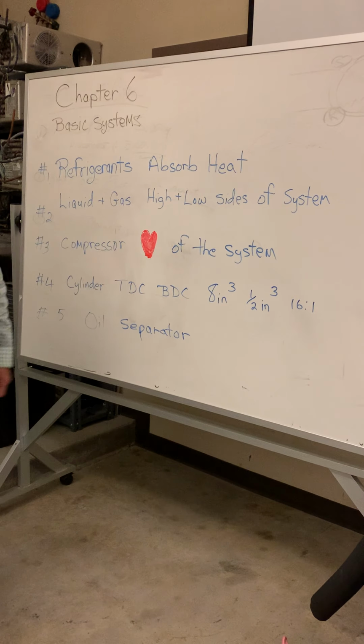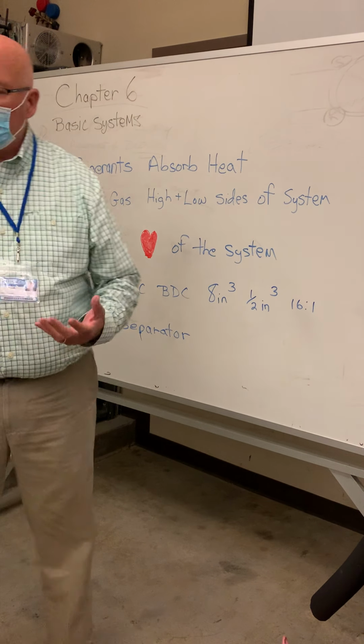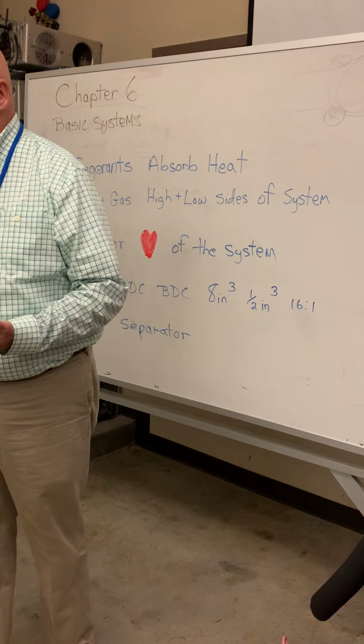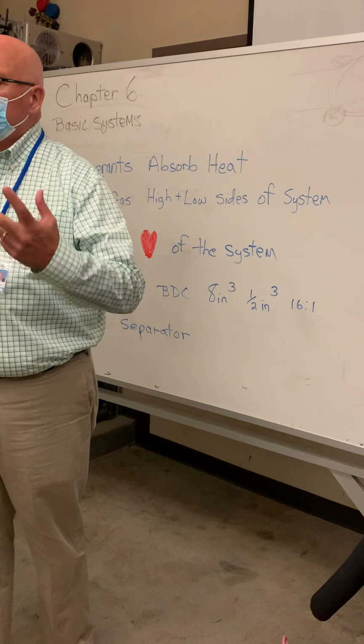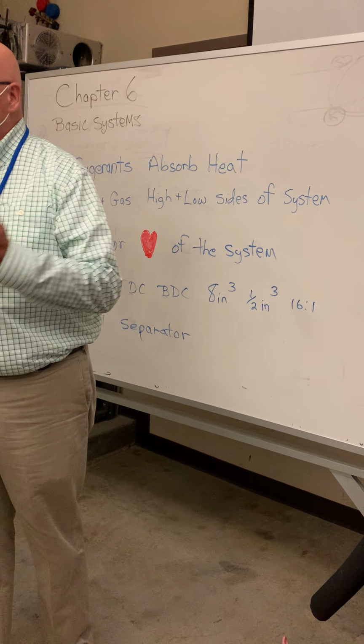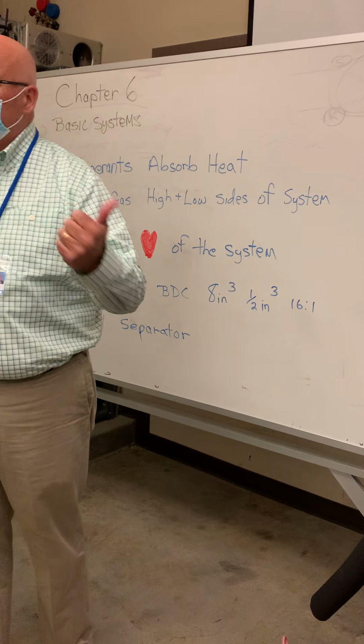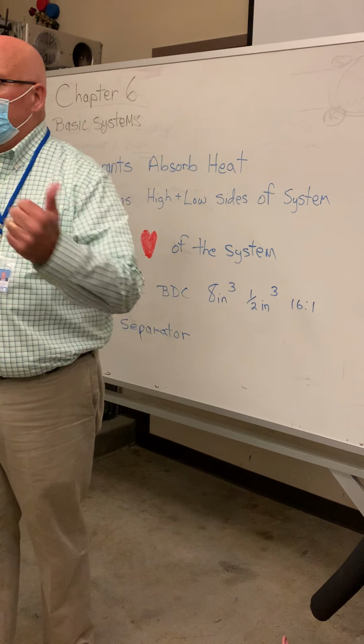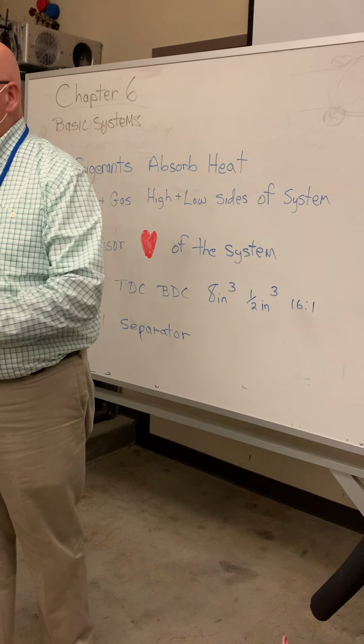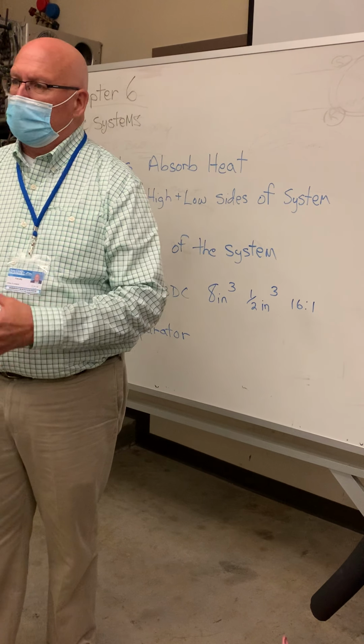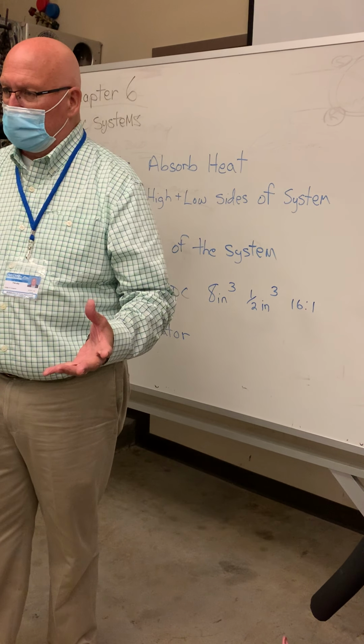Refrigerant systems, mechanical compression, air conditioning and refrigeration systems, have two sides. It has a liquid side and a vapor side. It has a high pressure side, and it has a low pressure side.